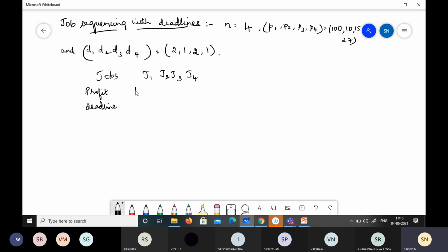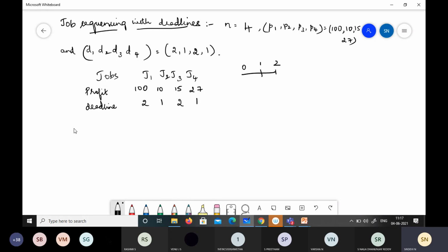The profits are 100, 10, 15, 27, and the deadlines are 2, 1, 2, 1. Each job can be on the machine for only 1 unit of time. P1 here, P2 here. Then again it should give a chance to some other job, or it can continue.